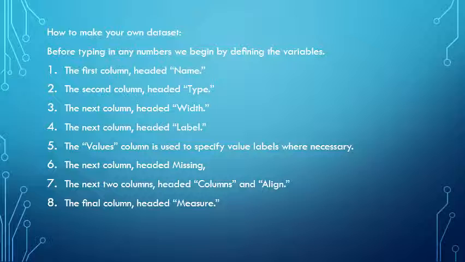The final column, headed Measure, specifies the type of variable we are dealing with. To set this, simply click on each of the cells in turn and then use the drop-down menu that will appear to the right of the cell. It is very important to define this properly so that you can use the chart builder function.